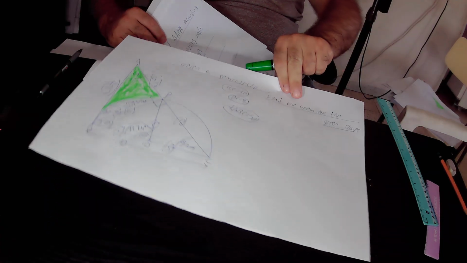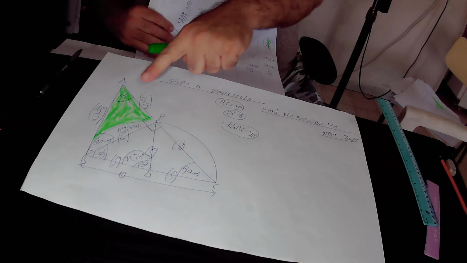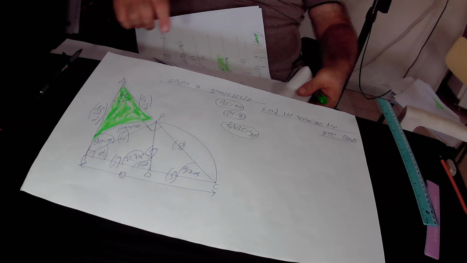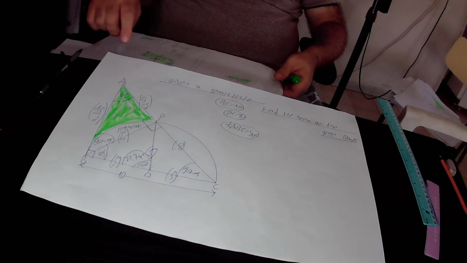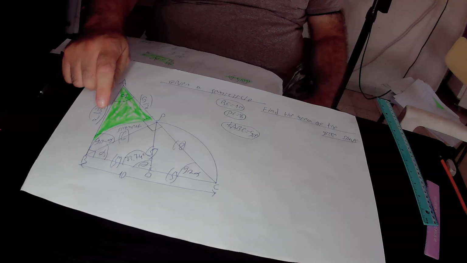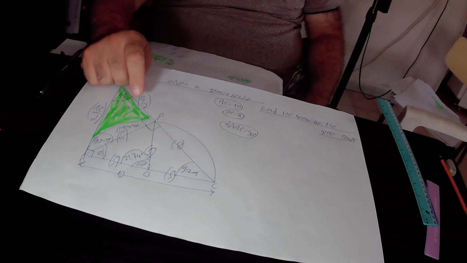Our task in the first question is to find the area of this shape. So in the drawing we have a semicircle. BC equals 10 units in its length. That is to say, the diameter of this semicircle is equal to 10 units.